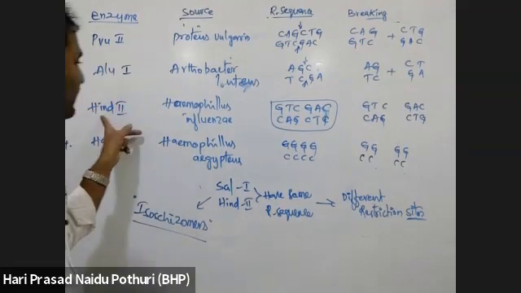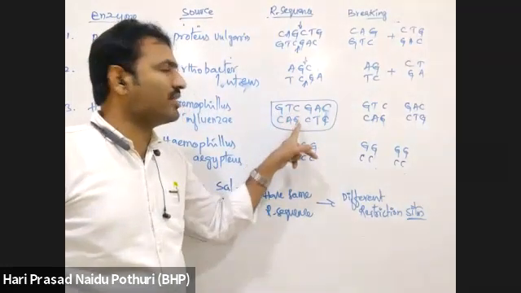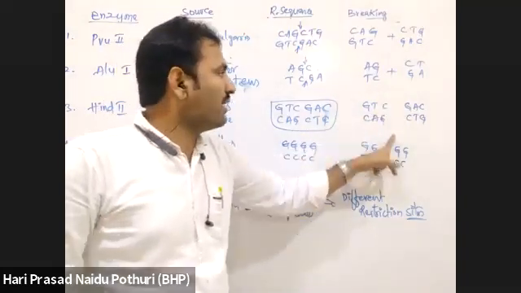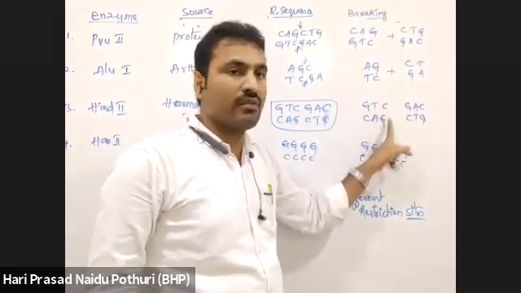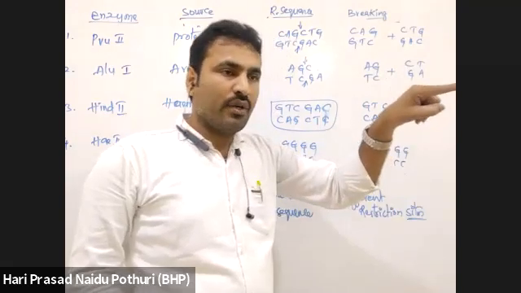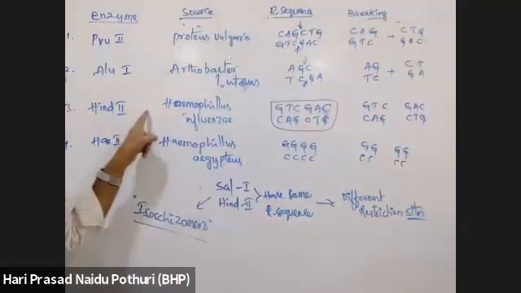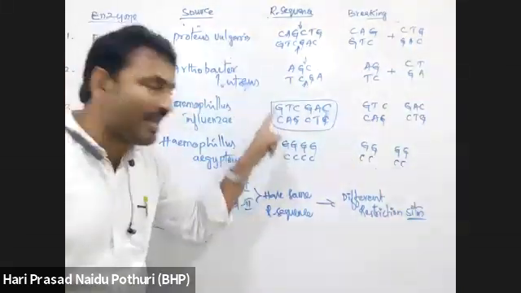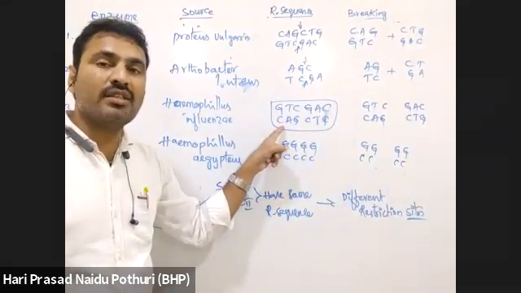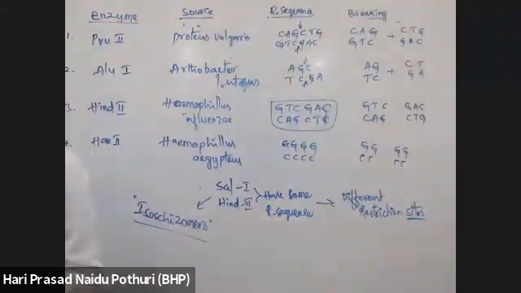But when HIND2 is cutting this GTC, GAC, there is formation of fragments like this with different sequences. Whereas if the SAL1 enzyme is breaking the same restriction sequence, there is formation of fragments in a different manner. That type of enzymes are called isoschizomers.